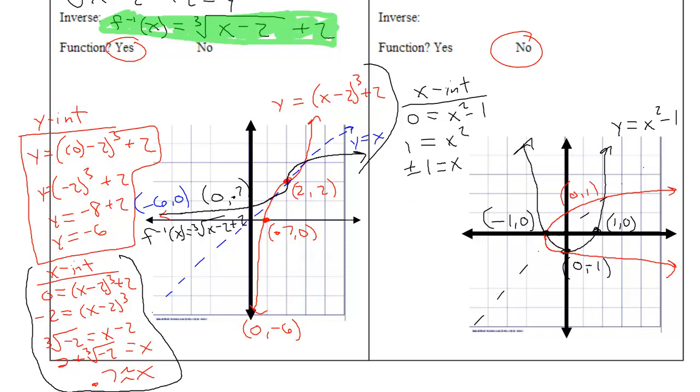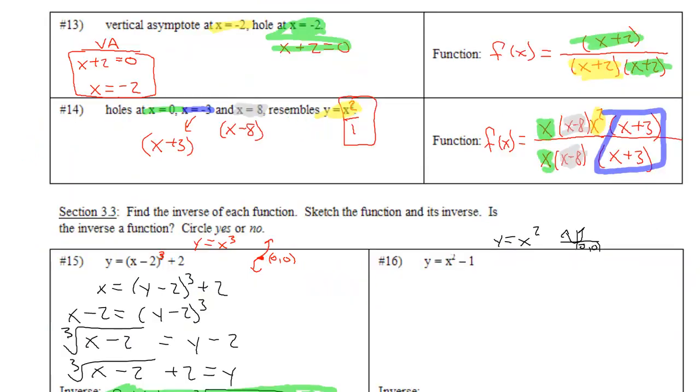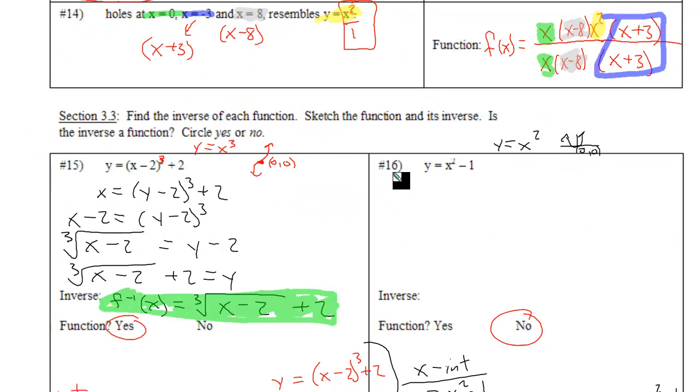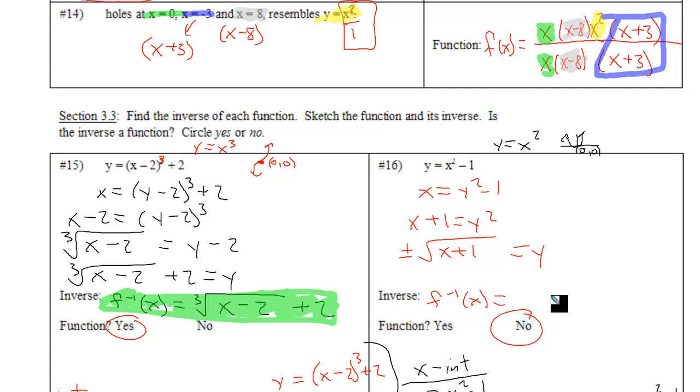So what is the inverse? To find the inverse, we take the function we're given, interchange x and y, and then get y by itself. So f inverse is plus or minus square root of x plus 1.